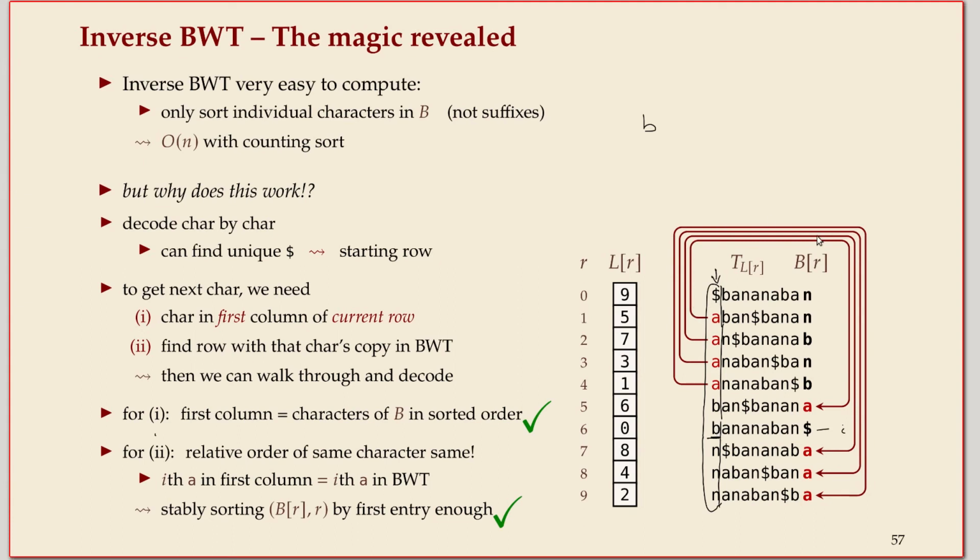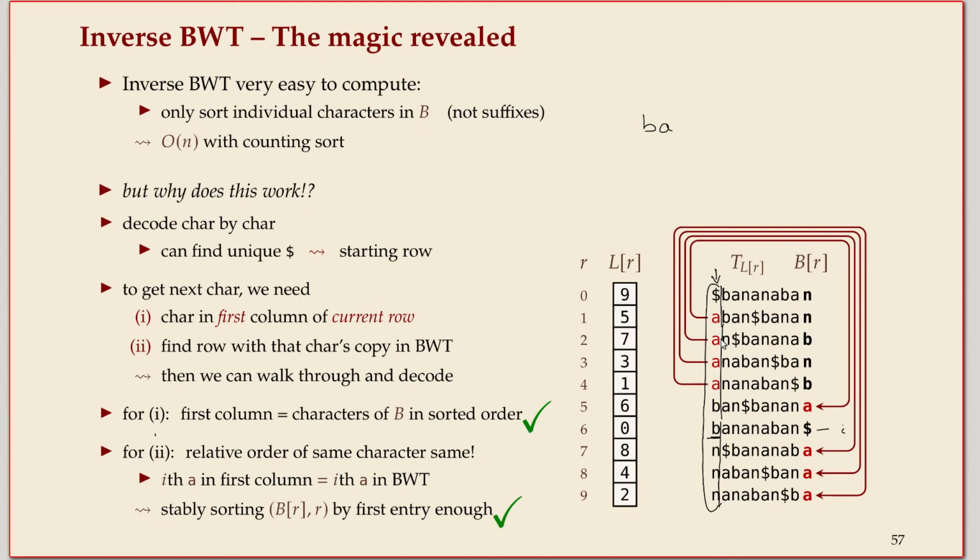And for that, we come to these arrows. Let's suppose we have decoded a little bit more. Say we have decoded the next A. Then the task is to find the occurrence of the A that we just found in the BWT. The important observation is if you have 4 A's, like in this example, they appear in this order in the text.